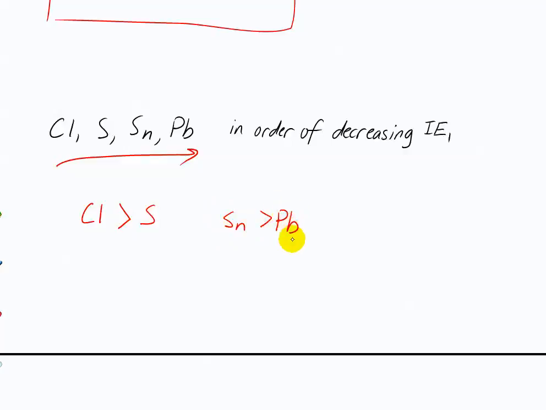Now, because we know chlorine is greater than sulfur, and tin is greater than lead, let's see if we think tin is going to be greater than chlorine or less than sulfur. So what do you think?